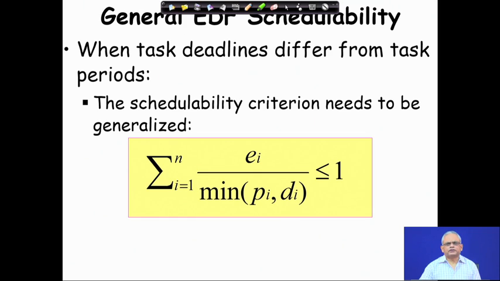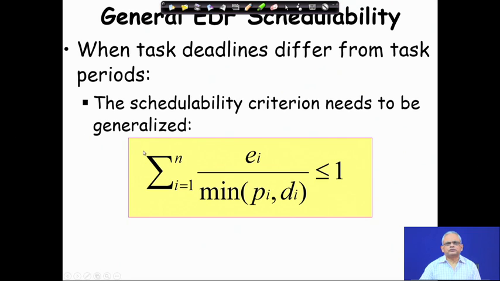The period is equal to the deadline, but in some situations, not many, the deadline and the period can be different. For example, the deadline can be less than the period, or in rare cases the deadline can be more than the period. So, in these cases, how do we check EDF schedulability?